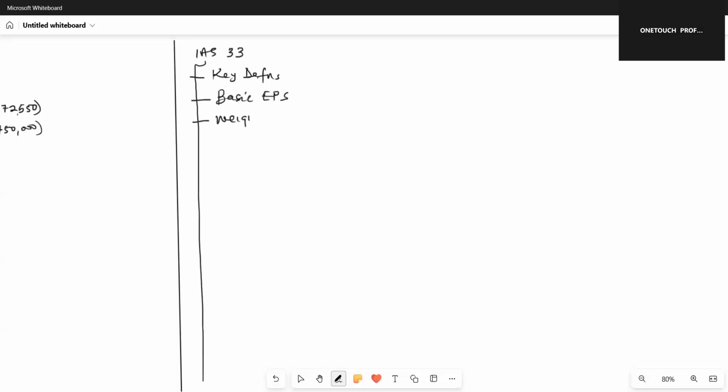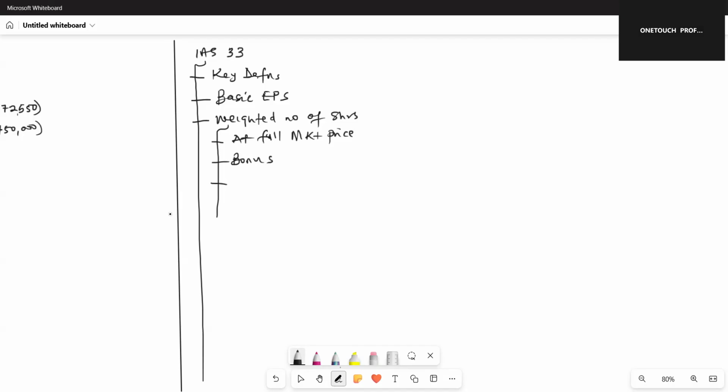We'll look at how to calculate the weighted number of shares. That's why we have to look at market price. We have to look at bonus. We have to look at rights issue. We have to look at share splits. We have to look at share consolidation.